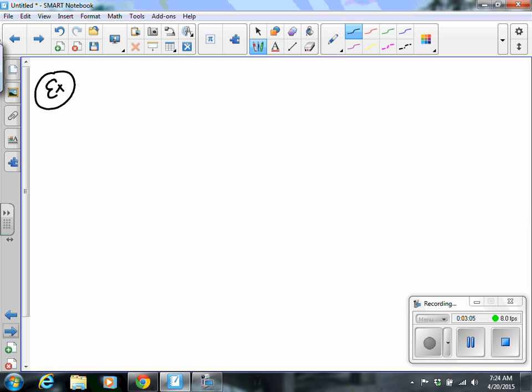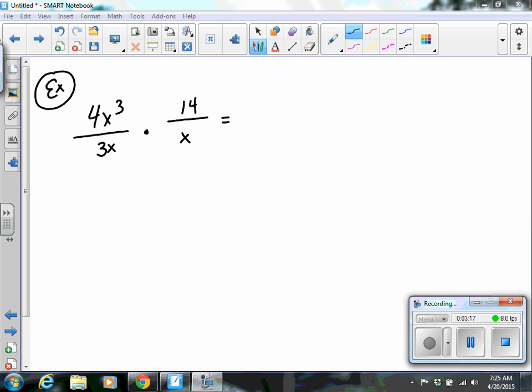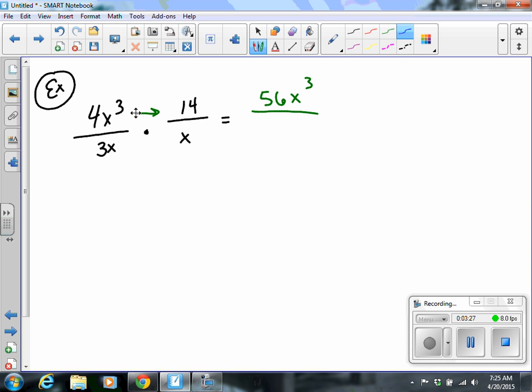For this, let's say that I have 4x cubed over 3x times 14 over x. Again, I'm multiplying straight across. 4 times 14 gives me 56 x cubed all over 3x squared.